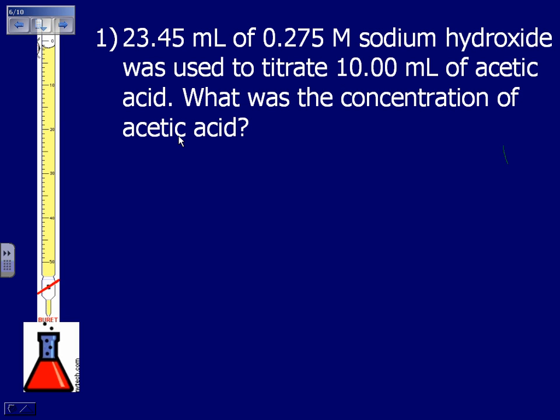Now, I'll tell you right now, if you use the equation C1V1 equals C2V2 for this question, you will get the correct answer. The only reason you do is because the mole ratio is 1 to 1. As soon as the mole ratio is not 1 to 1, the answer is incorrect.